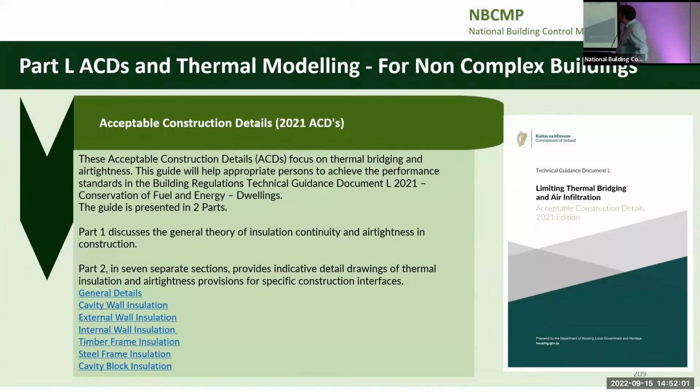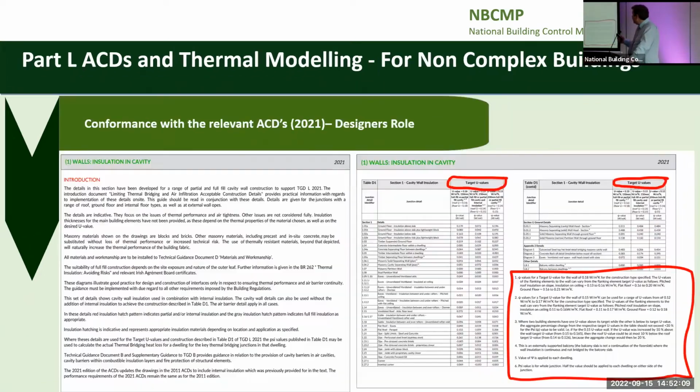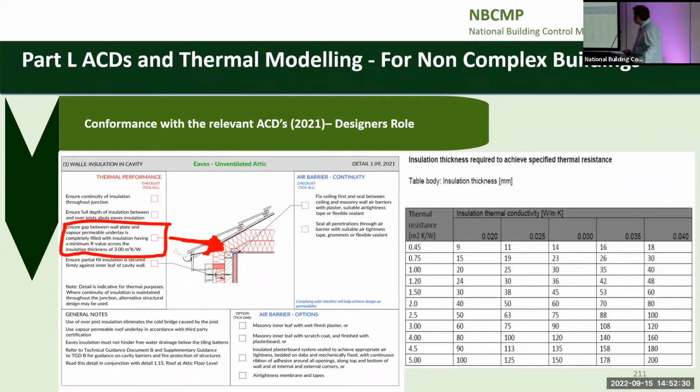So the acceptable construction details: the guidance is all in there, the Part 1 and Part 2 that was in Simon's presentation, and the general notes on how to use them. It's very important that you read the fine print and the asterisks, because that's where the information is for when you need to assess your conformity, so that you can use the ACDs; you're using the notes here.